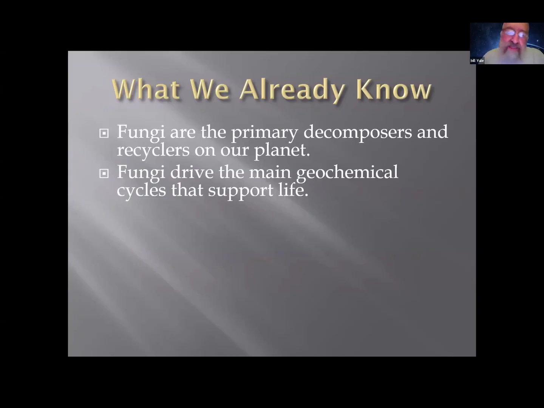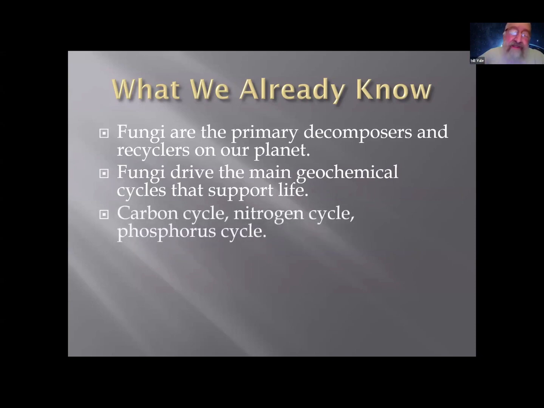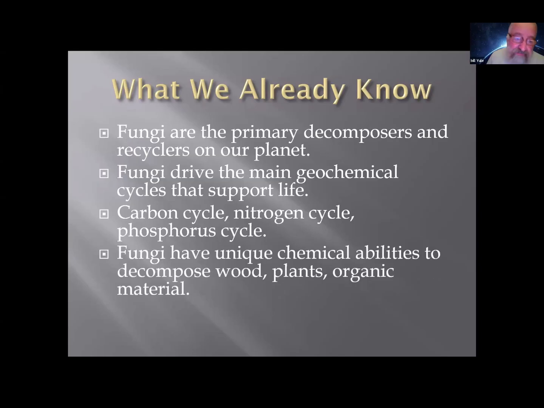And by doing that, they drive all the main geochemical cycles that support life on the planet, and that includes the carbon cycle, the nitrogen cycle, the phosphorus cycle, and in some ways also the water cycle. So those cycles that make life possible by recycling essential nutrients are pretty much driven by fungi decomposing organic material. And the way they can do that is because fungi have unique chemical abilities.